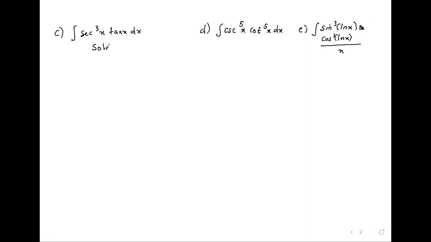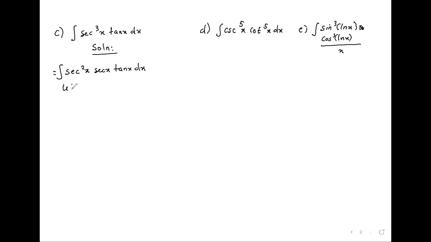Okay, so let's get back to C. This integral here, we capitalize on sec. Instead of writing it as sec^3, we'll write it as sec squared x sec x tan x dx. Why are we doing that?